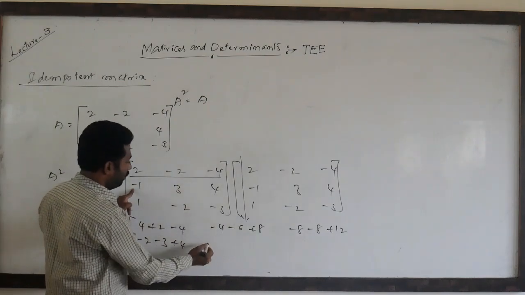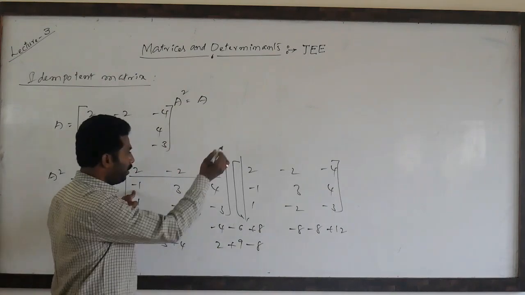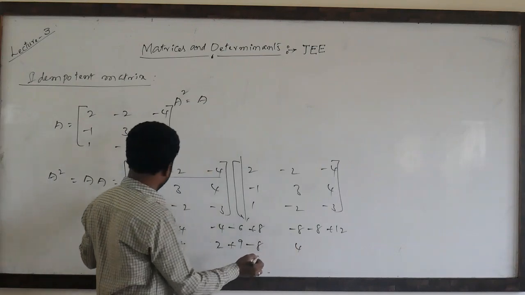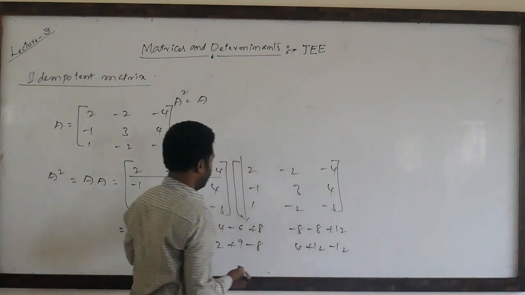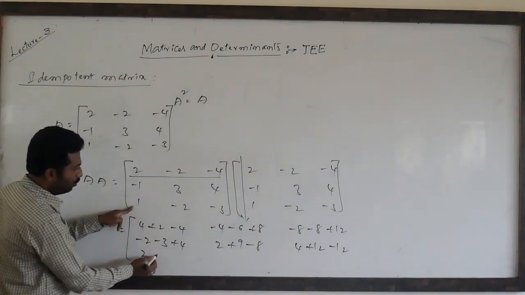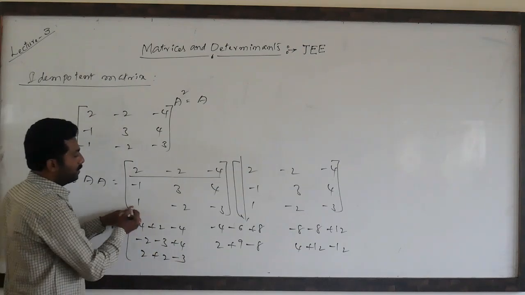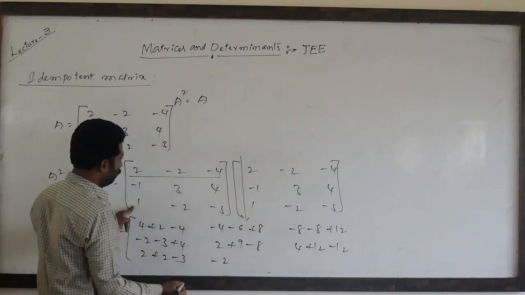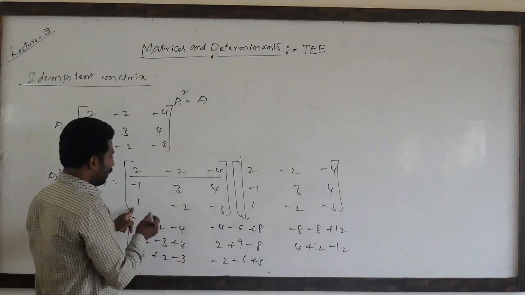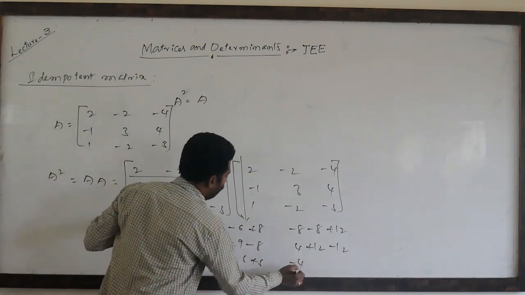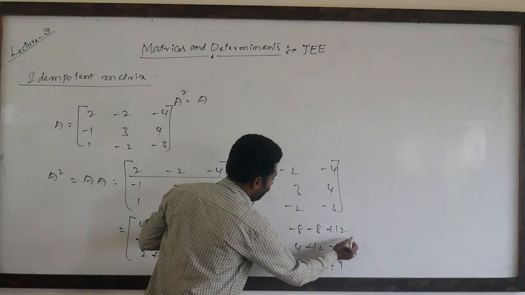Second row, second column: plus 2, plus 9, minus 8. Second row, third column: plus 4, plus 12, minus 12. Third row, first column: 2, plus 2, minus 3. Third row, second column: minus 2, minus 6, plus 6. Third row, third column: minus 4, minus 8, plus 9.